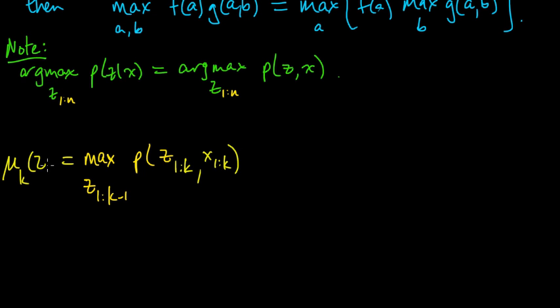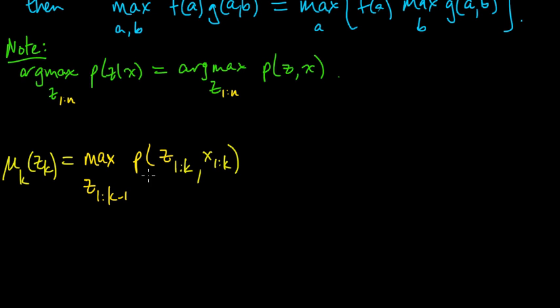I was trying to motivate this a little bit, and I don't know how well I motivated it. But this is the quantity we're going to be interested in. This is mu k, call it mu for max, and this is a function of zk. We'll drop the dependence on the x's since we're assuming that they're all known, given to us. So let's think about this max.